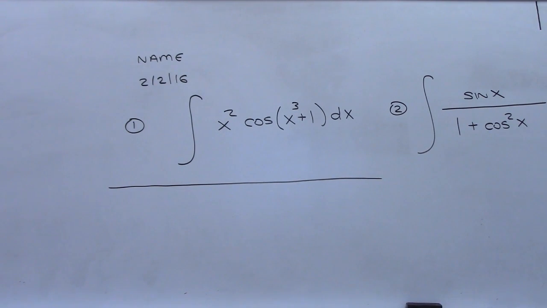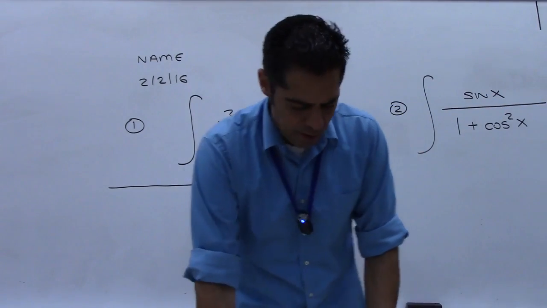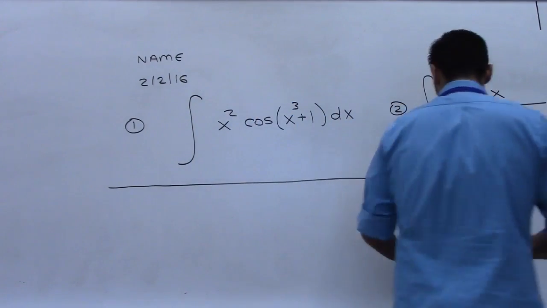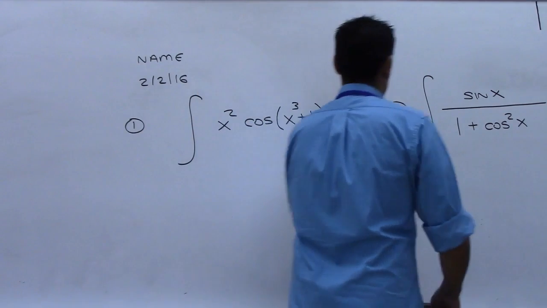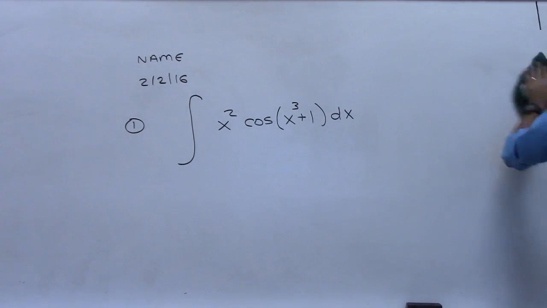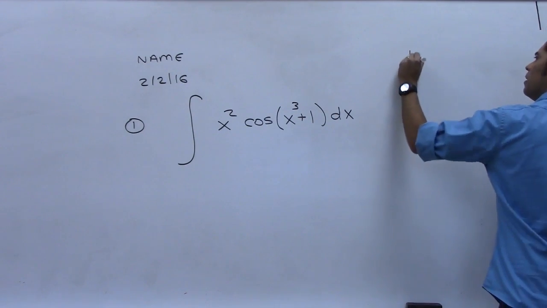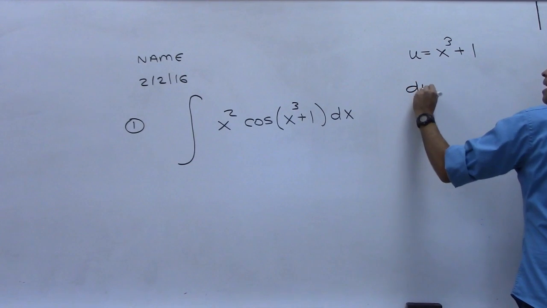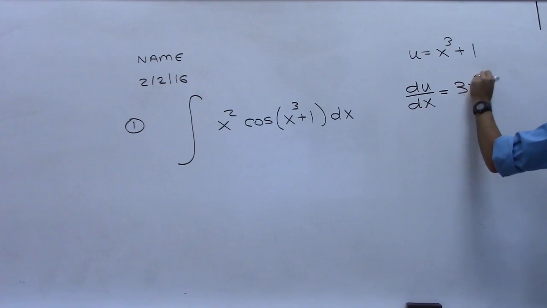All right, so how about that first one? We're going to do U substitution on both of these, right? And on the first one, what is the U that you're going to use? X cubed plus 1? So if you make u = x cubed plus 1, the derivative of that with respect to x is 3x squared.